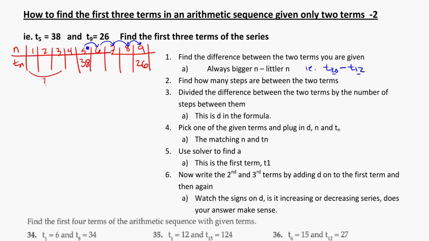In our case, term 9 is the bigger or the later term in the sequence. I'm not worried about the value of it, but the actual n number here. So T9, that's a bigger n than T5, so I'm going to start with that. I'm going to say 26 minus 38. So 26 minus 38 is a difference of negative 12.